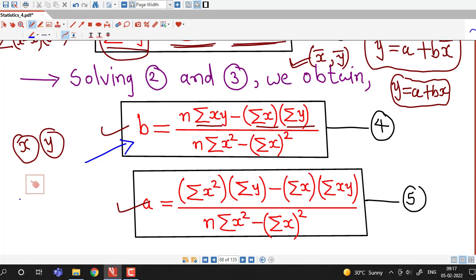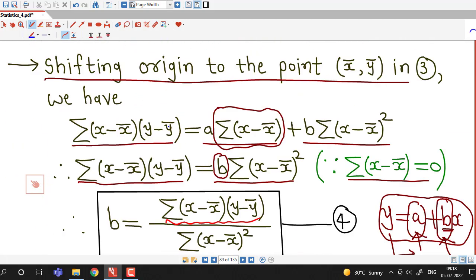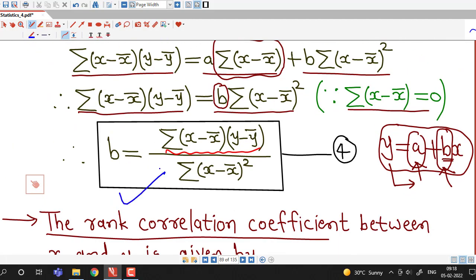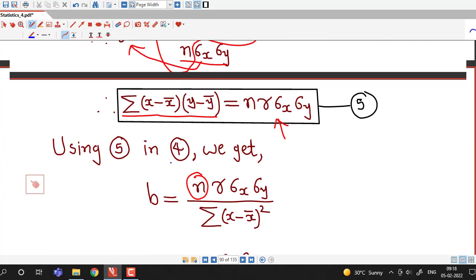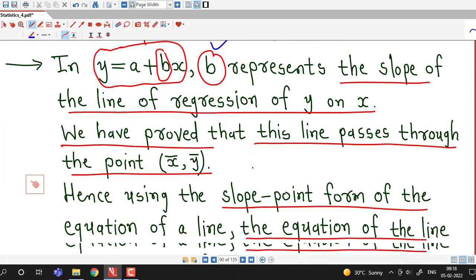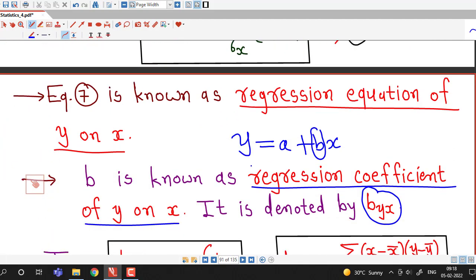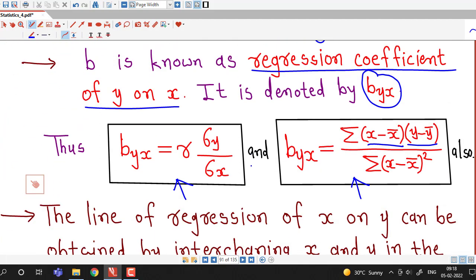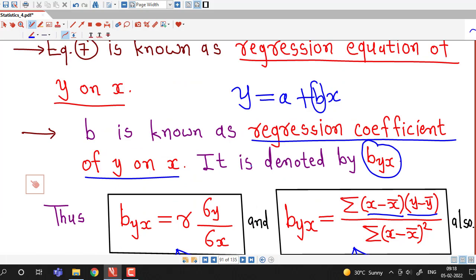Okay, so we have three formulas for obtaining this constant b, y equal to a plus bx, where b can be given by this formula using the method of least squares, or we can obtain b using this formula, or we can obtain b using this formula also. Now suppose we are interested in the line of regression of x on y.